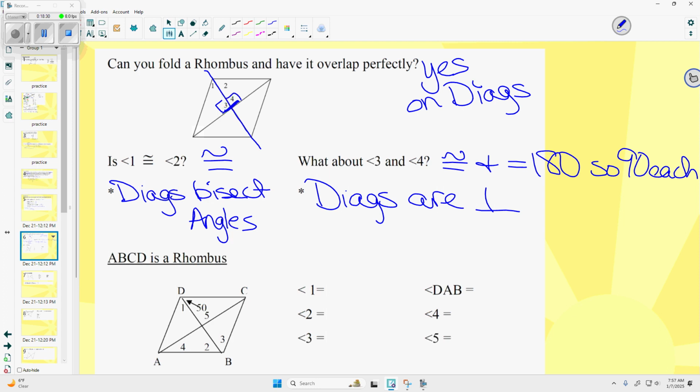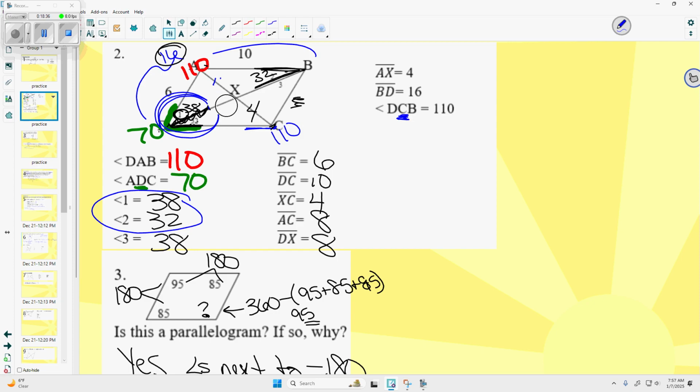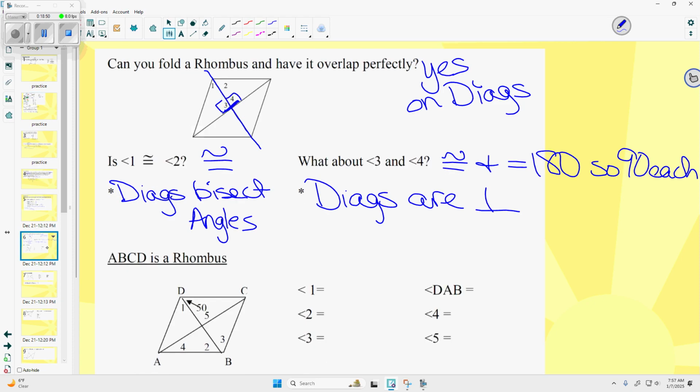Think back to your homework. One of your parallelograms in your homework had this angle as 72, and this one is 108. They're not perpendicular, right? So the diagonals being perpendicular, or those angles being the same, those come from the fact that it's a rhombus and we have that line of symmetry when you fold on the diagonal.